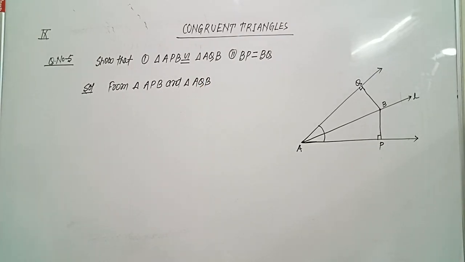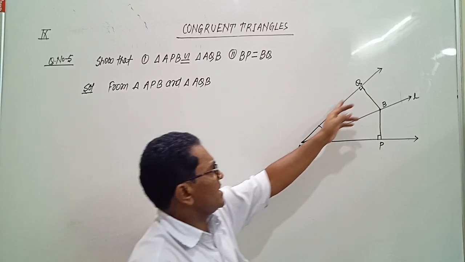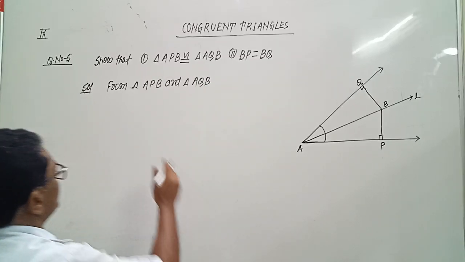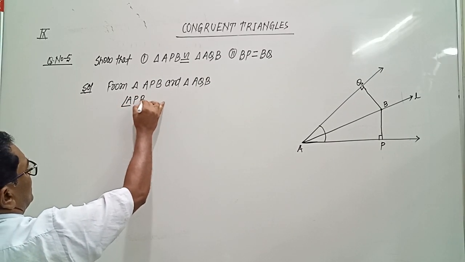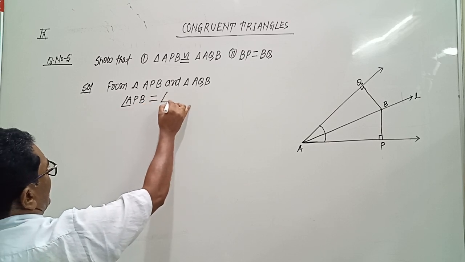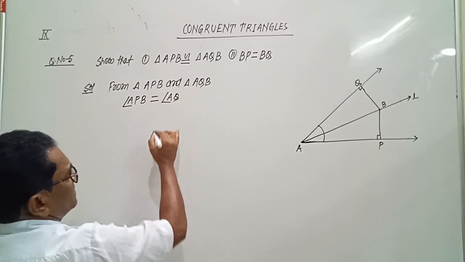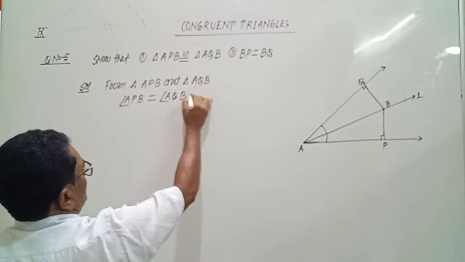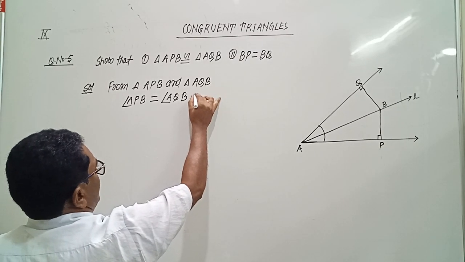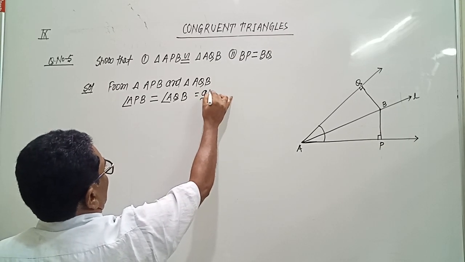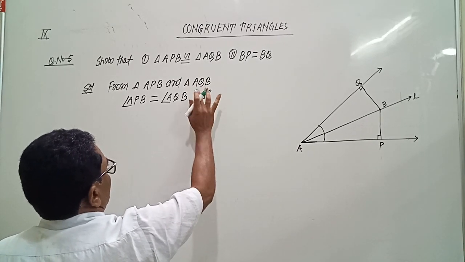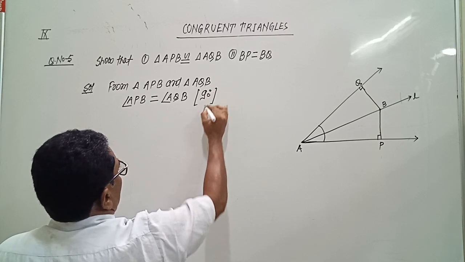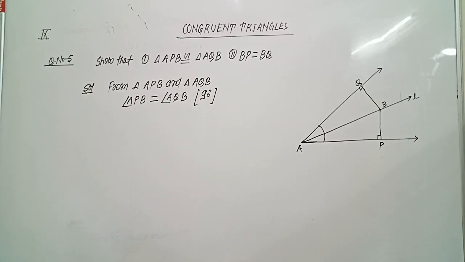Angle APB equals angle AQB equals 90 degrees. These two angles are equal because they are 90 degrees.